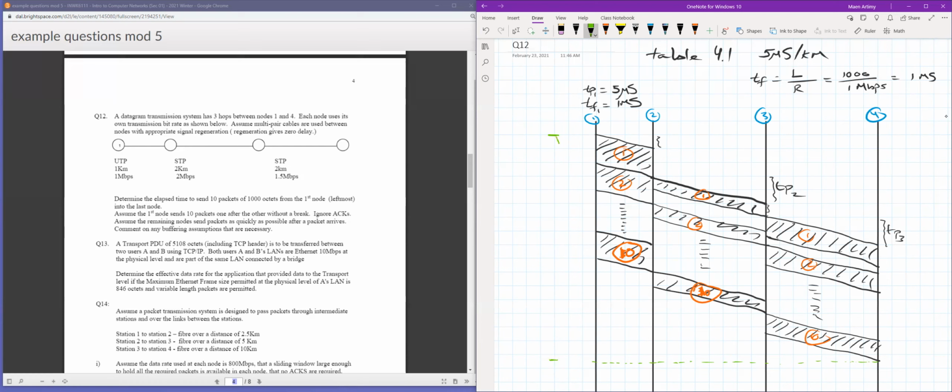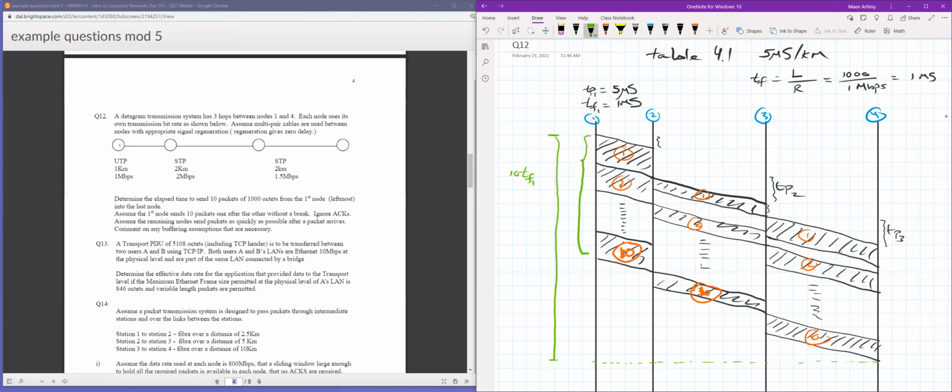Okay, so what is this time? Let's see. We have this time here. This is 10 TF1, right? We have 10 frames. Each one takes TF seconds to reach the destination.